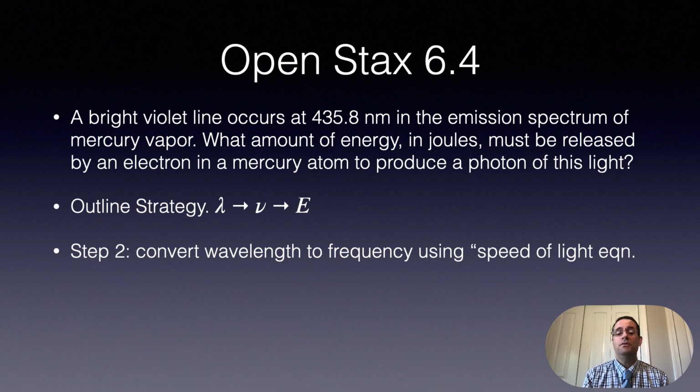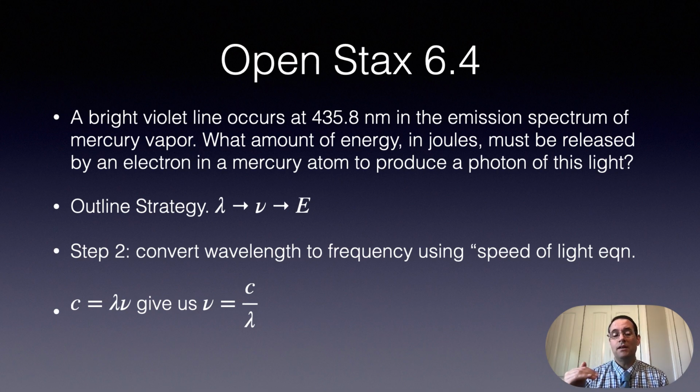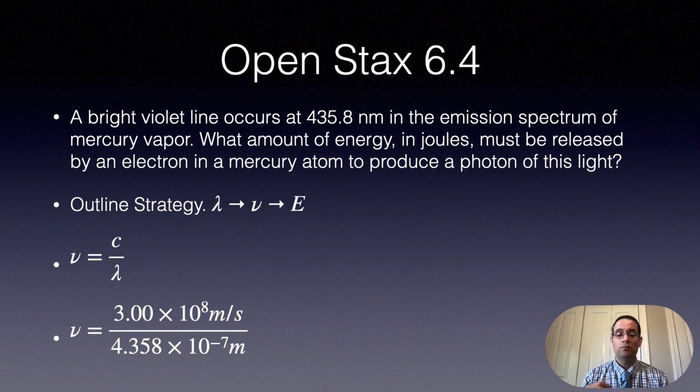Now, in step 2, now that we have the wavelength of light in meters, we want to convert the wavelength to frequency using the speed of light equation, all right? The speed of light equation is c equals lambda times nu. If we divide both sides by lambda, we get nu by itself. Nu is equal to c divided by lambda. So what we want to do is plug these in.